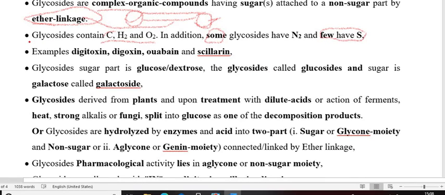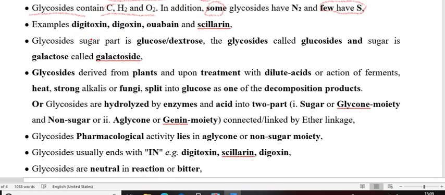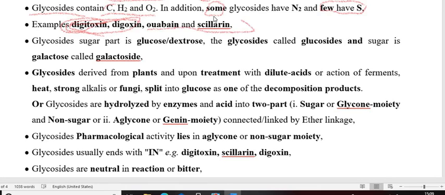So the main constituents of glycoside are carbon, hydrogen, and oxygen. Examples are cardiac glycosides like digitoxin and digoxin. These two are cardiac glycosides acting on the heart. Other cardiac glycoside examples are ouabain and scillarin.